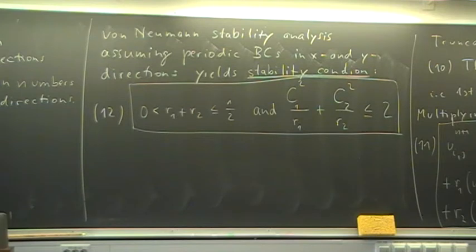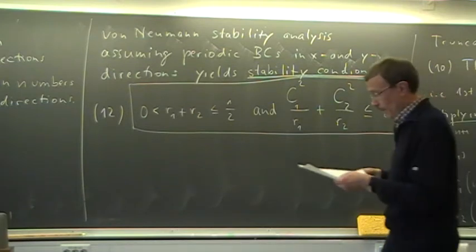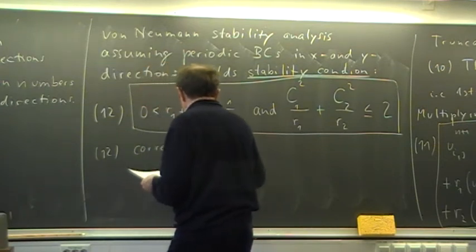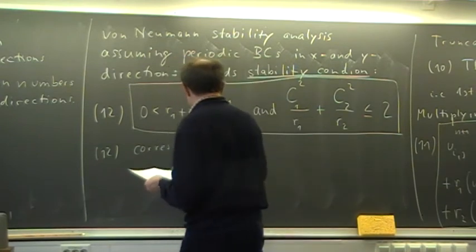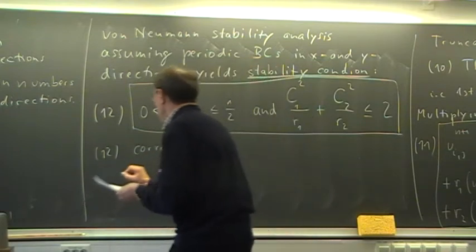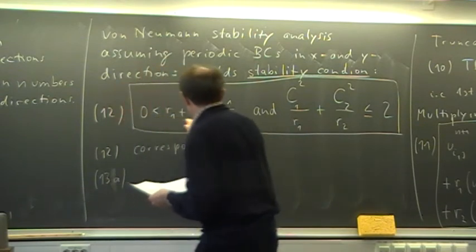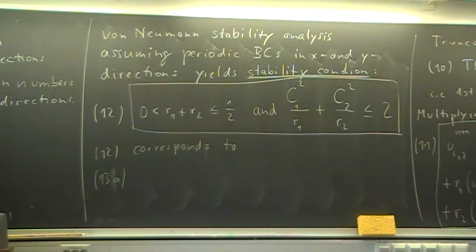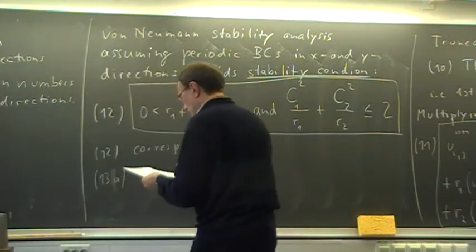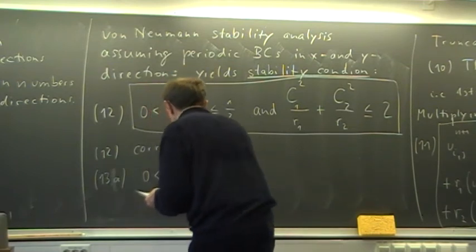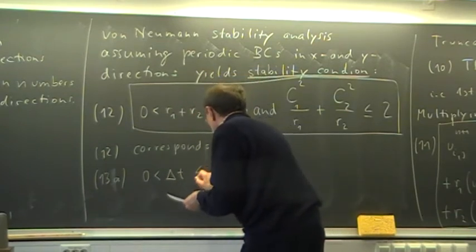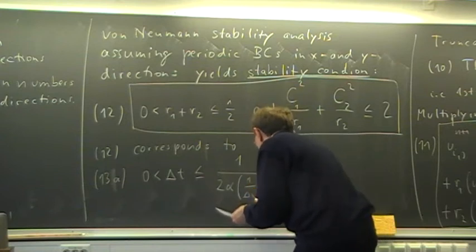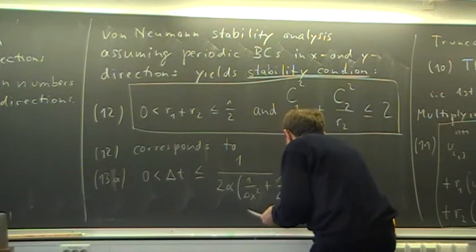And if we write out what this means, we can express conditions 12 in a different way. The first one: we see the sum of R1 and R2, we factorize the delta t, then we should have delta t larger than 0 and smaller or equal than 1 over 2 alpha times 1 over delta x squared plus 1 over delta y squared.